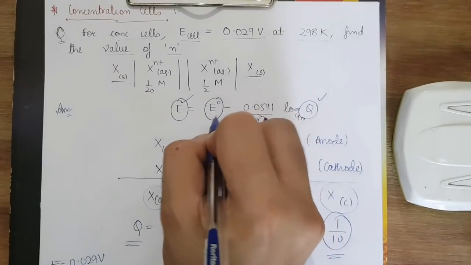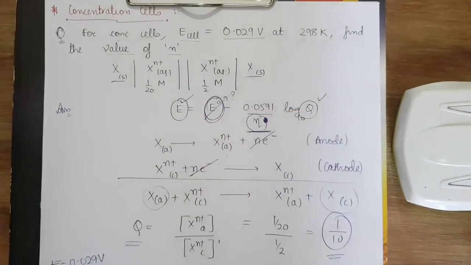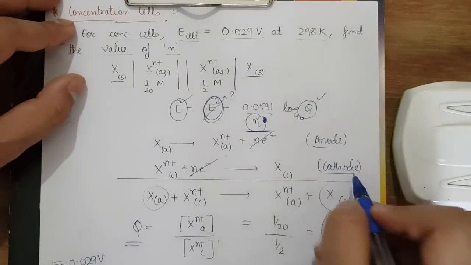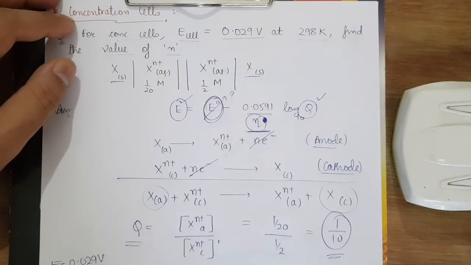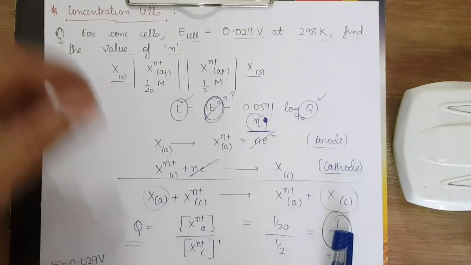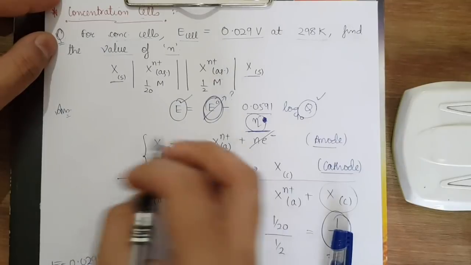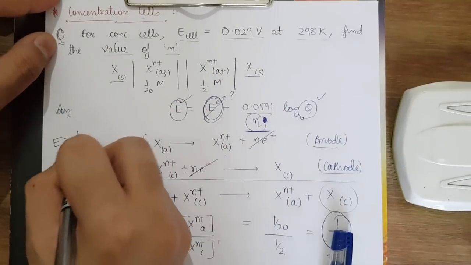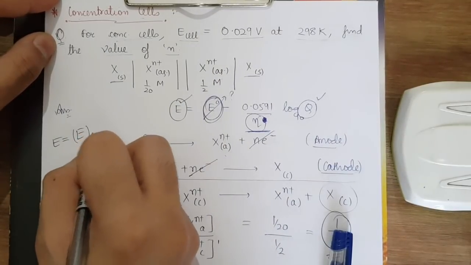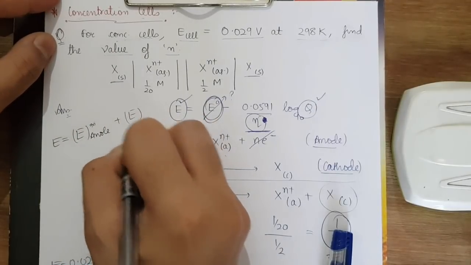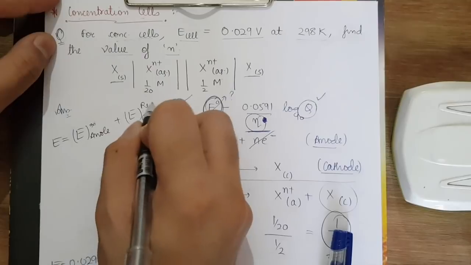But this question is of importance here, and we have to understand it. Anode and cathode are made of the same material. Whenever a cell is made of the same material, that is a concentration cell, the value of E would be equal to E of the anode, the oxidation part, plus E of the cathode, the reduction part.